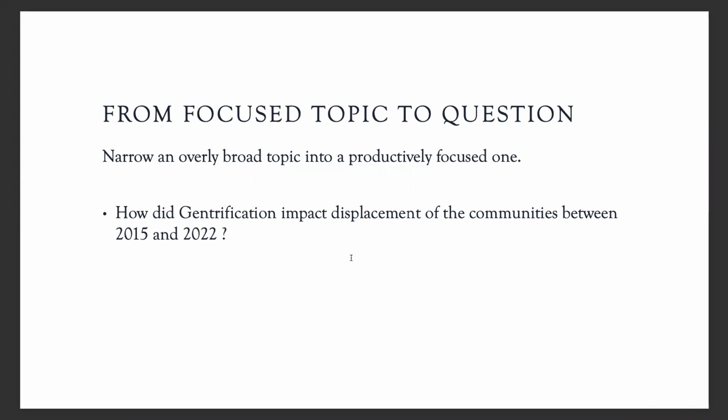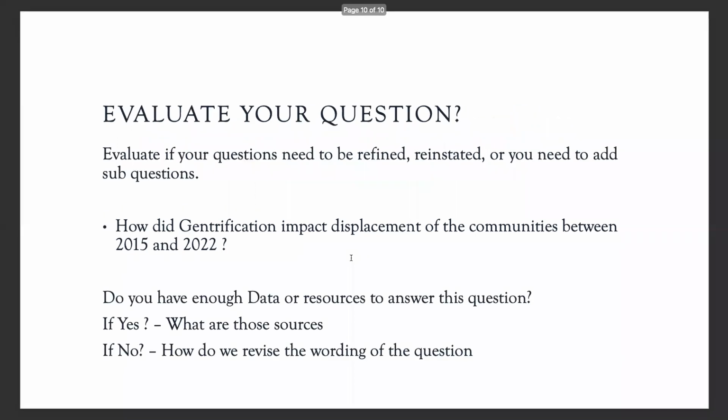But do you think this is a perfect question, or can you do more improvement? The way to do it is to keep evaluating your question. Evaluate your question from time to time, and that will help you to refine, reinstate, and add sub-questions to it.